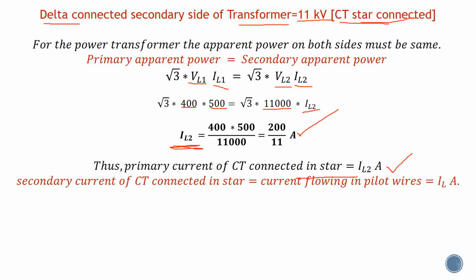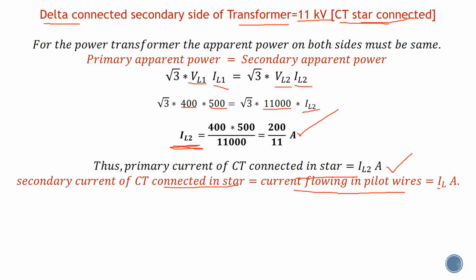Secondary current of CT connected in star is actually your current flowing in the pilot wires, and we have already calculated the current flowing in pilot wires, denoted by IL, which is 5 root 3 ampere.